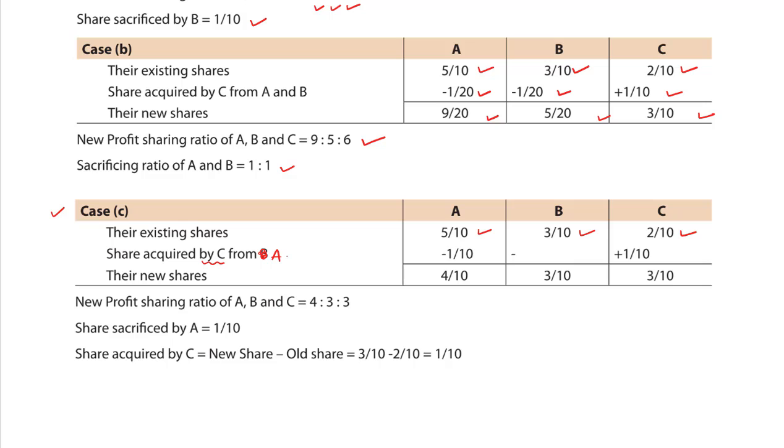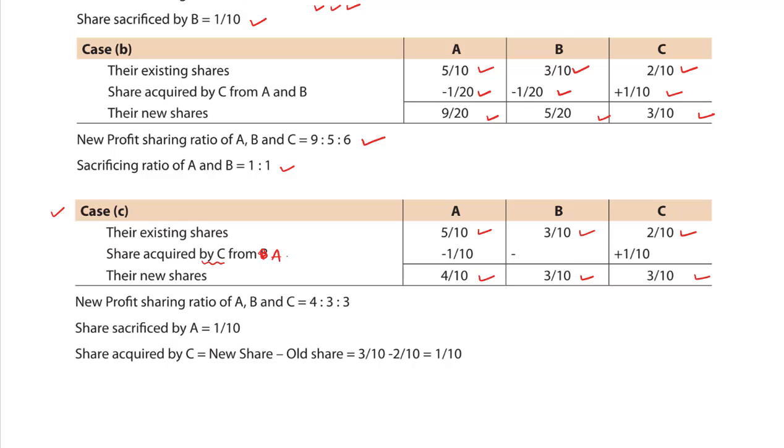So 1 by 10 would be deducted from here and 1 by 10 would be added in C's share. C's new share will be 2 by 10 plus 1 by 10 equal to 3 by 10. B's share would be the same, that is 3 by 10. And for A, 1 by 10 is deducted from 5 by 10, the old share. So 5 by 10 minus 1 by 10 is 4 by 10.